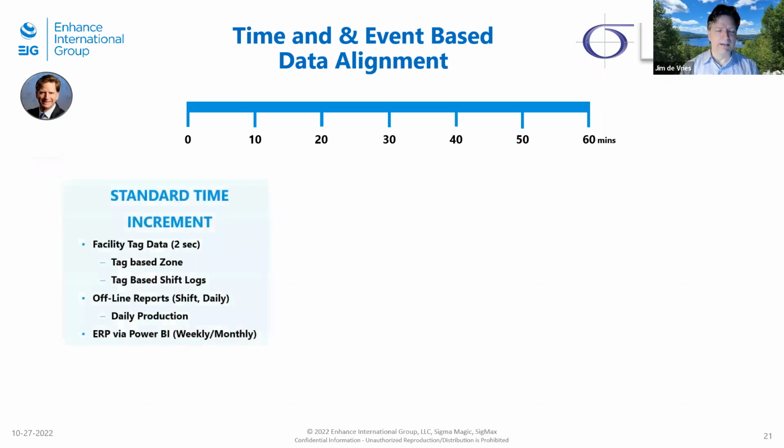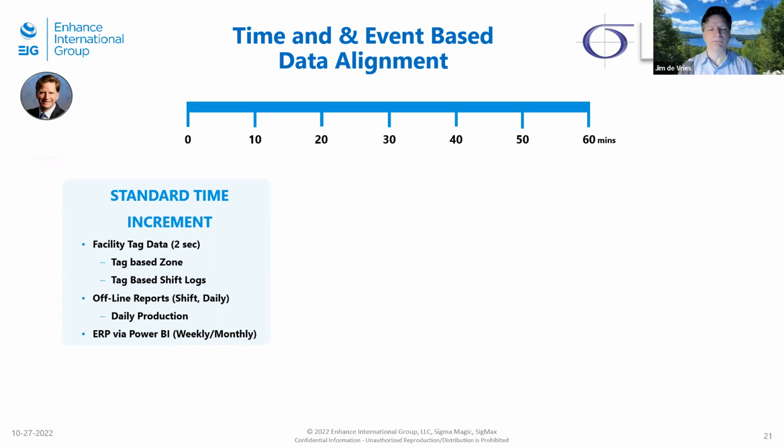So we'll look at it from the perspective of a power plant, let's say, with a continuous process plant, where you'll be tagging data every 2 seconds. You're measuring, let's say, a steam flow or some kind of flow, and it's tag-based time-series data that is basically put into shift logs.